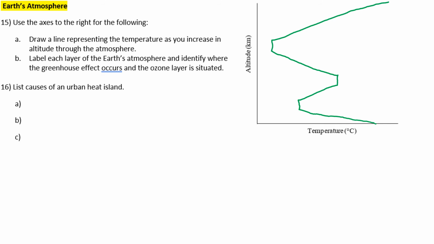Okay, so the layers now. I'm going to draw it in a different color. We have this separation, and this would be the troposphere. Then at the other end, this middle area is the stratosphere.